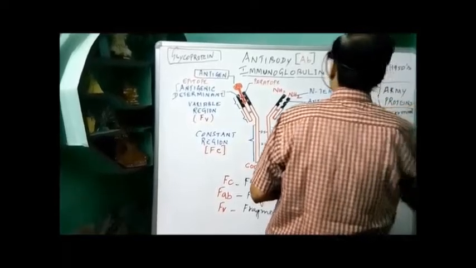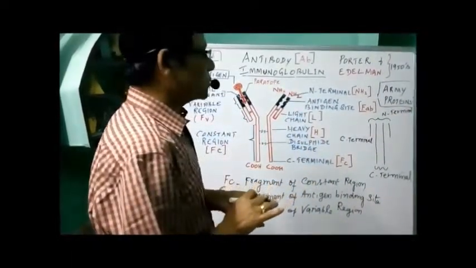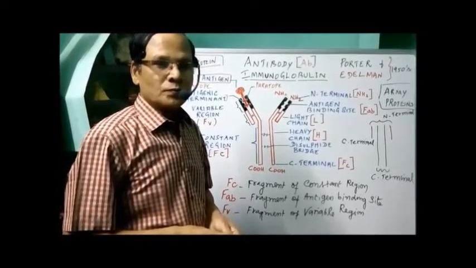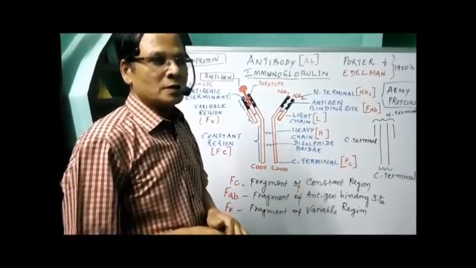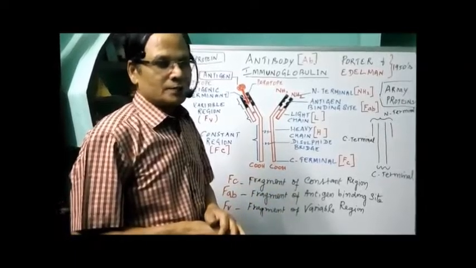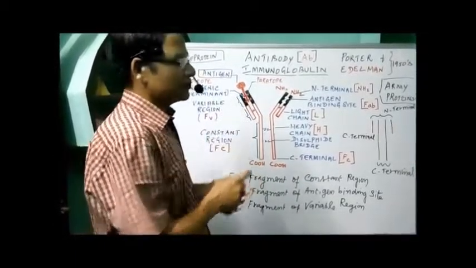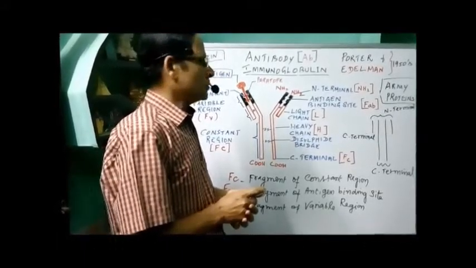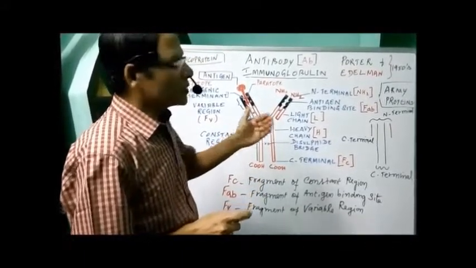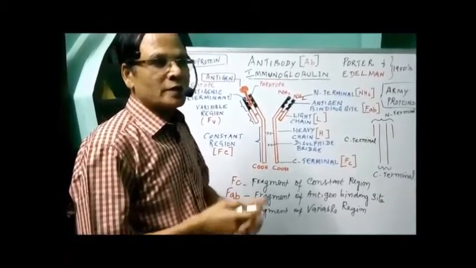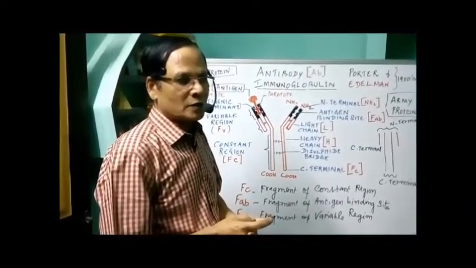Whenever pathogens enter the body, the B lymphocytes produce antibodies, the army proteins, to fight against them.